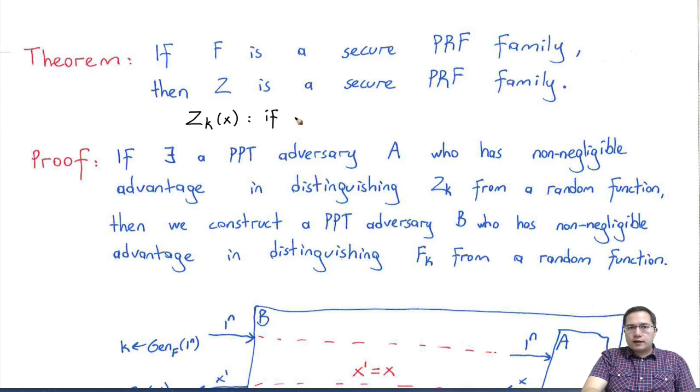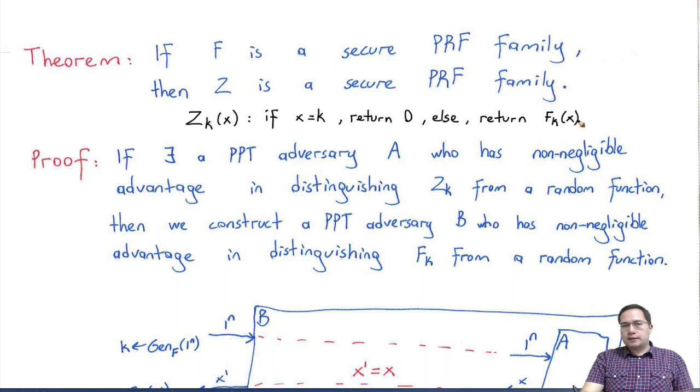If x is equal to the key k, then it returned 0. Otherwise, it returned whatever F_k would have returned. So it returned F_k of x. So this is how we define Z.